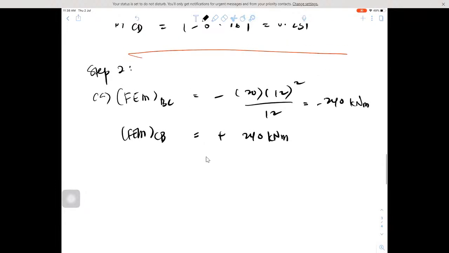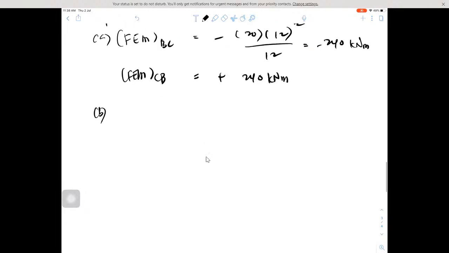Okay, so this is A. We move to step B. For this we need to have the table.